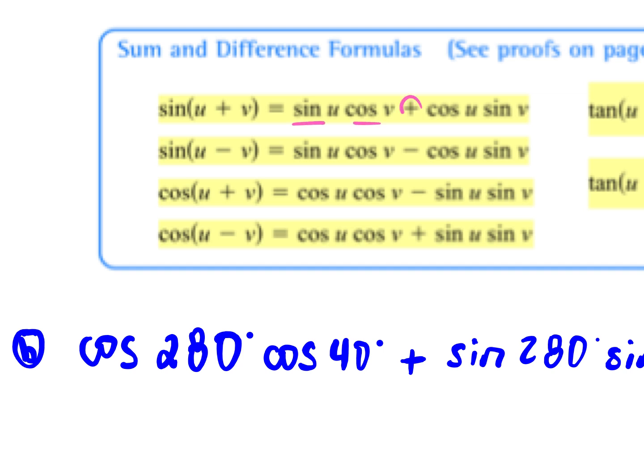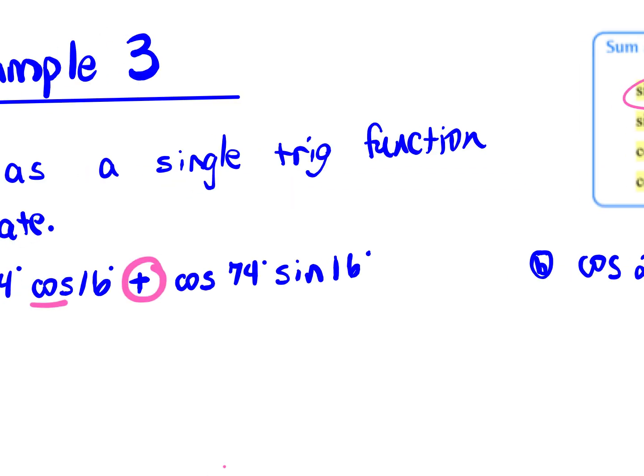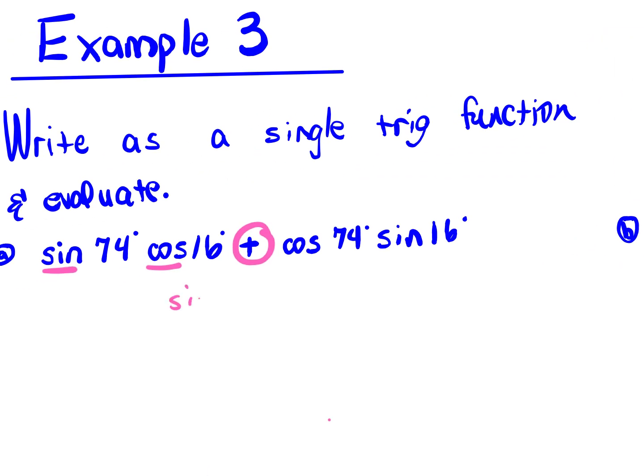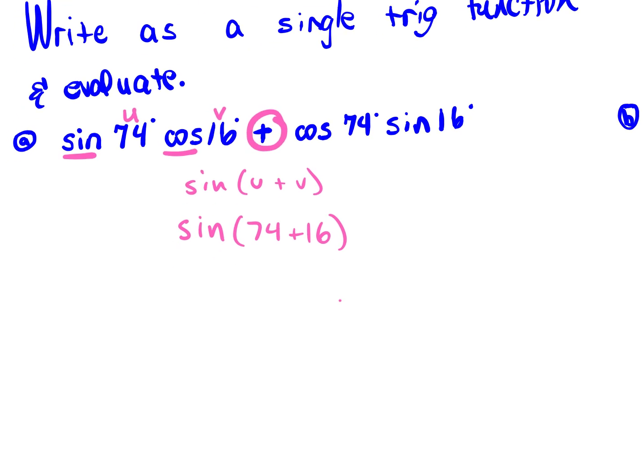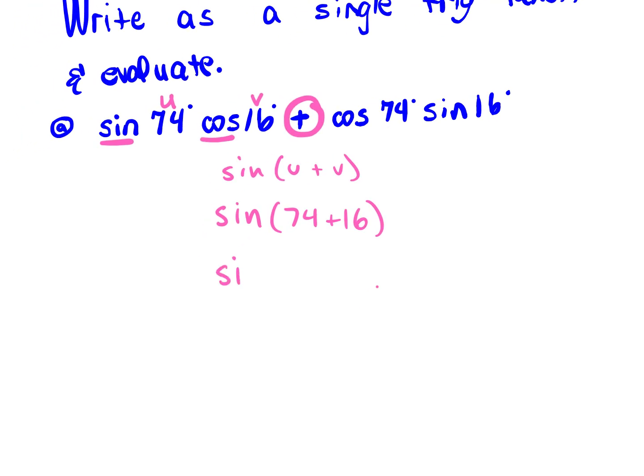So we're using sine of u plus v. Now the first number is going to be our u, and the second number is going to be the v. So this would be sine of 74 plus 16. What's 74 plus 16? 90. So sine of 90 degrees.